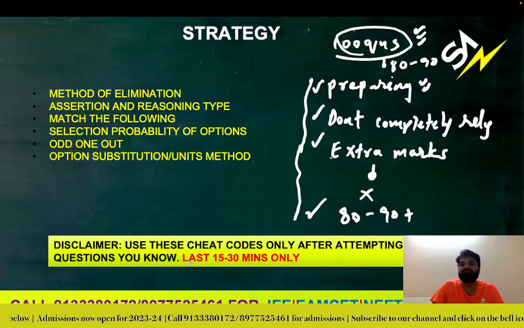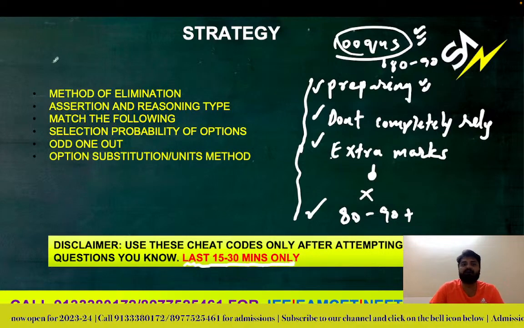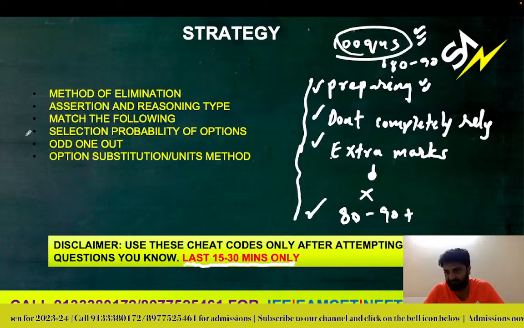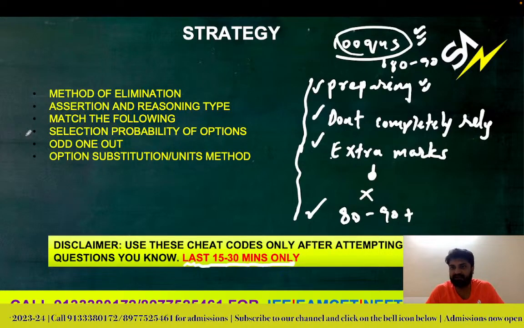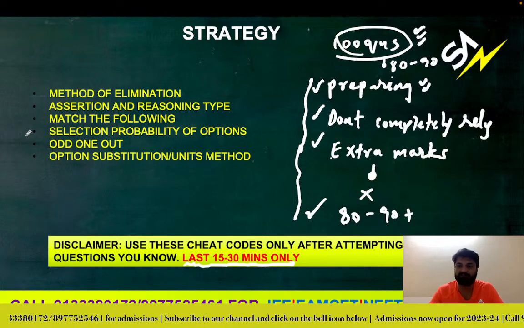The rest of the questions you are not getting an idea and there are only 15 to 30 minutes left. Then you have to follow these cheat codes. I hope all of you are understanding this part.